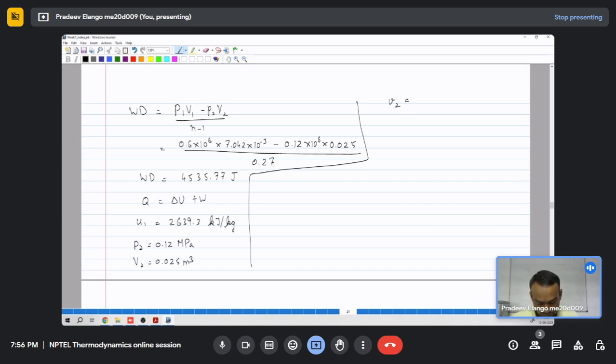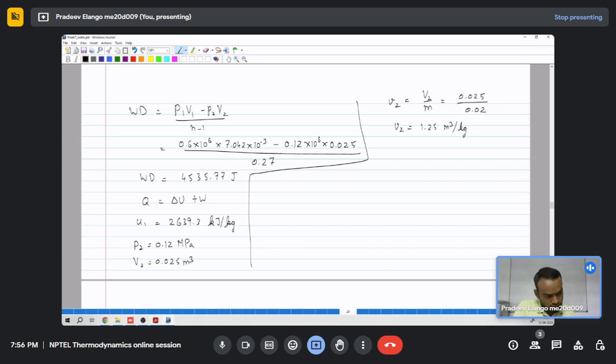Now the specific volume can be calculated as V2 by m. V2 is known as 0.025 and m is given, it is 0.02. So with this we can calculate the specific volume. So it's 1.25 meter cube per kg.